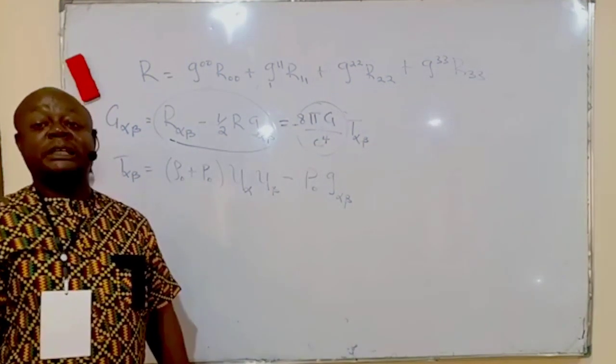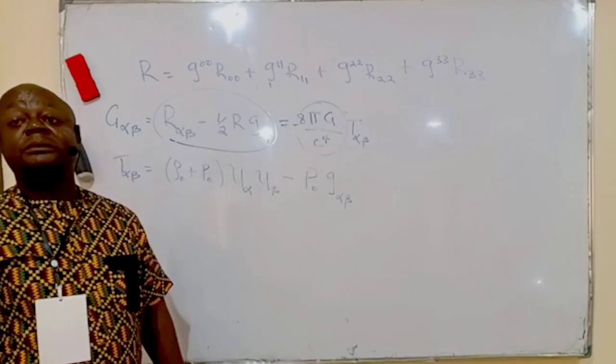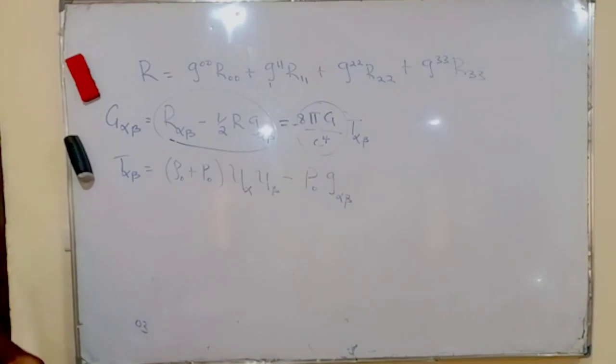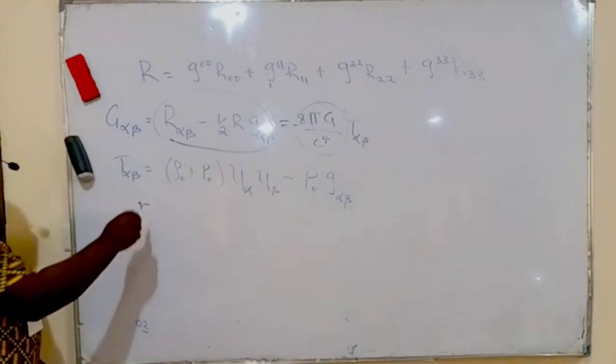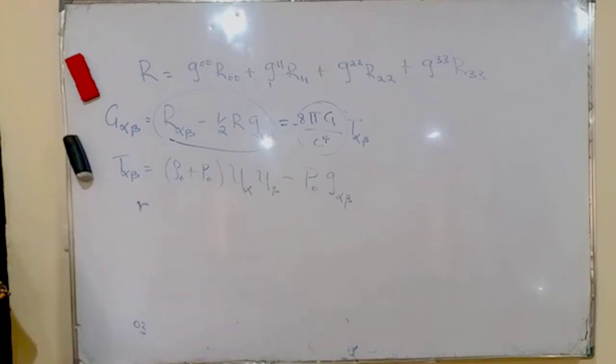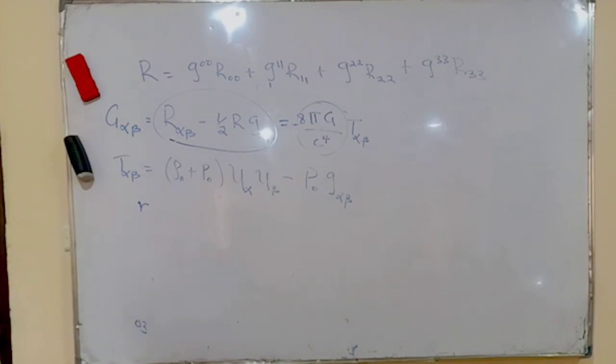It will be a partial differential equation in R, which can be solved. It will be R, theta, and phi. So you can make some other assumptions, and then you try to solve that equation.